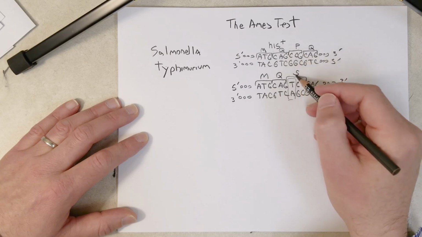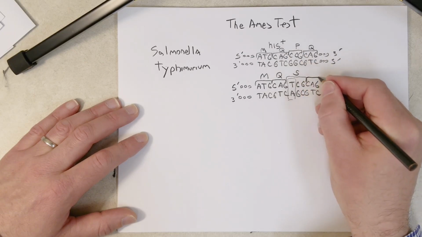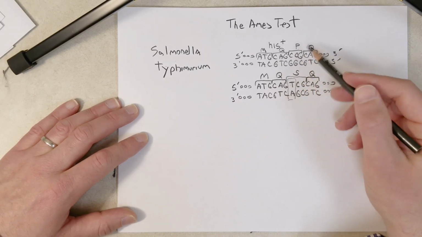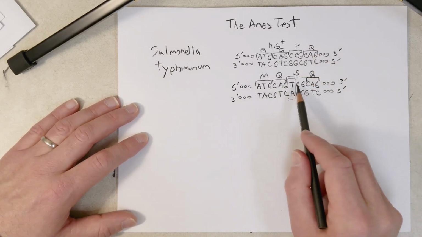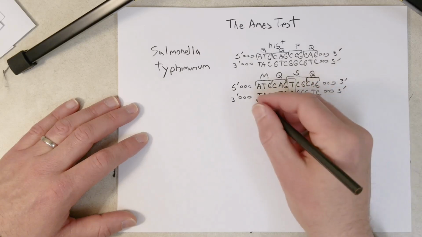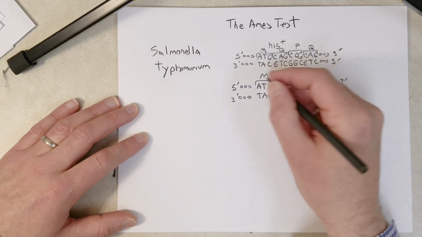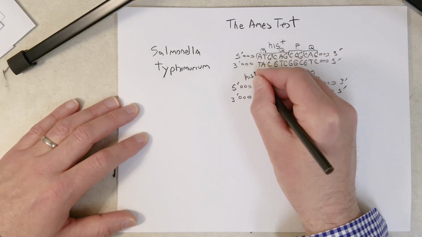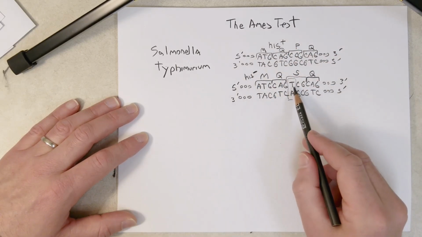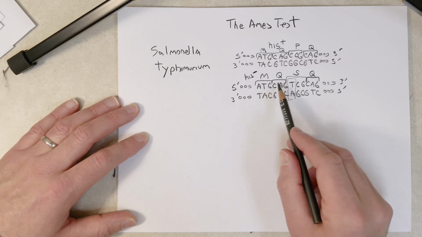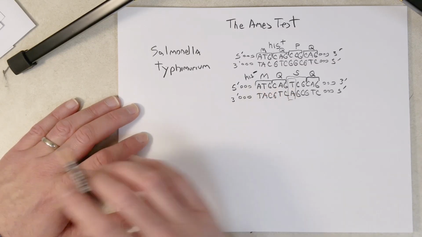So proline is changed to serine. Now, let's say this point mutation makes the protein encoded by this gene non-functional. We're going to call the allele the His minus allele. So this is the His plus wild type, and this one's the His minus. This mutation makes the protein encoded by this allele non-functional, so it's a null allele.